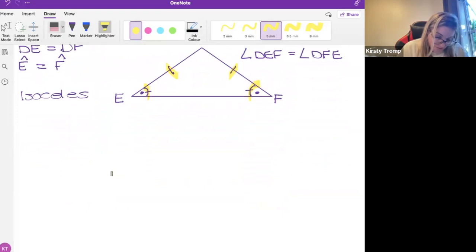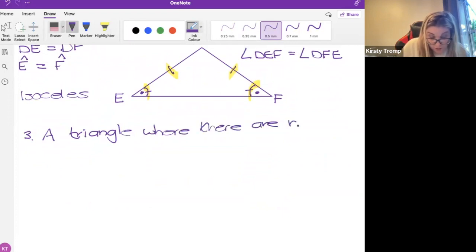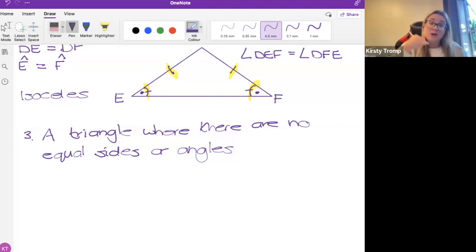Our next triangle, triangle number 3, a triangle where there are no equal sides or angles. Okay, so a triangle where there are no equal sides or angles.